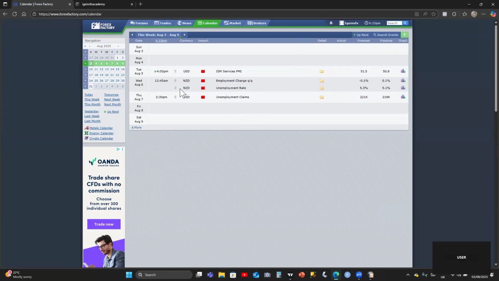Then it will tell me on Monday, on the 4th of August, there is no news. On Tuesday, on the 5th, there is news that has to do with USD. And the time is 4 p.m. If you look at the top here, we have details, actual, forecast, previous, and a graph.